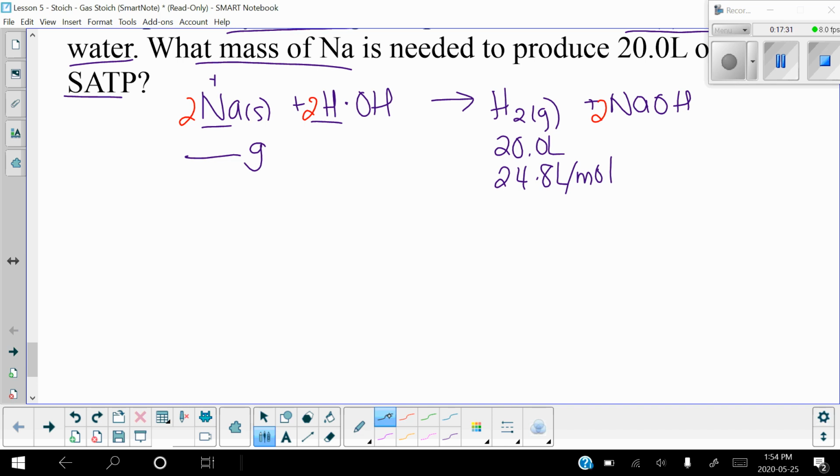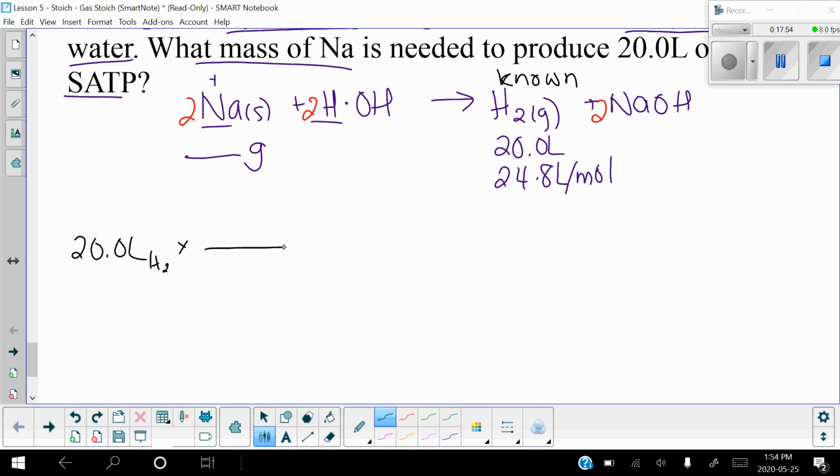Let's begin our Stoich. We're going to start off with 20 liters. This is my known. You always start with the known. 20 liters of hydrogen gas. You need to convert this into moles. The goal is always to convert it into moles so that we can use the molar ratio.